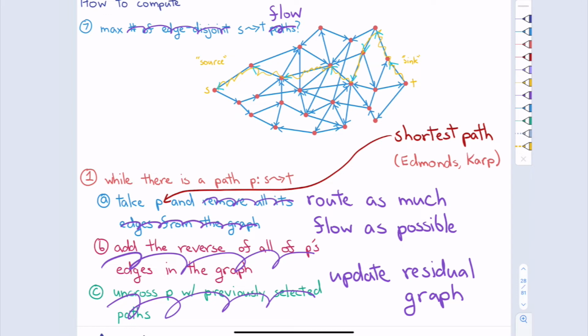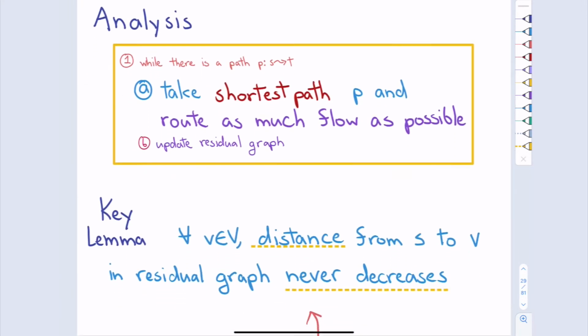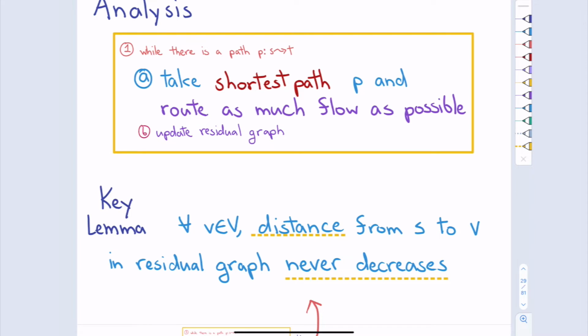One is, once we found a path from S to T, we sent as much flow as possible. That seems natural. Why not? But the key part to getting the right running time was when looking for a path from S to T, we always picked the shortest one. So we always augmented along the shortest path from S to T. And that was really the only change to the algorithm.